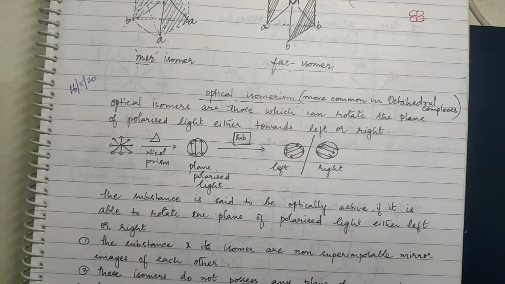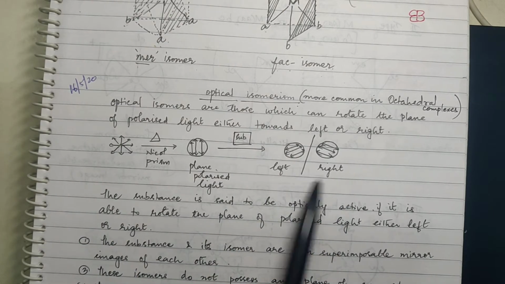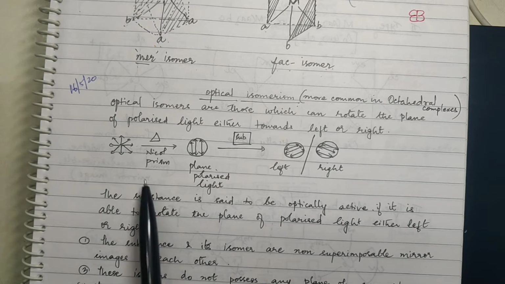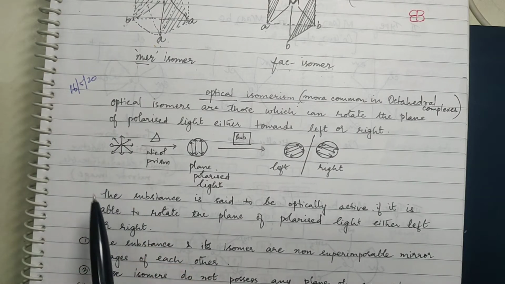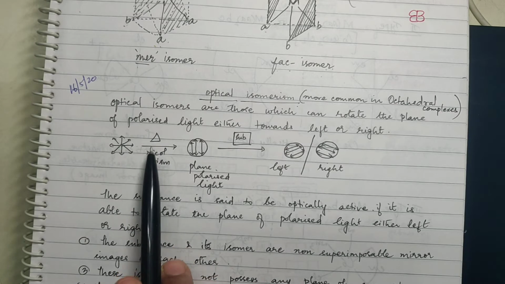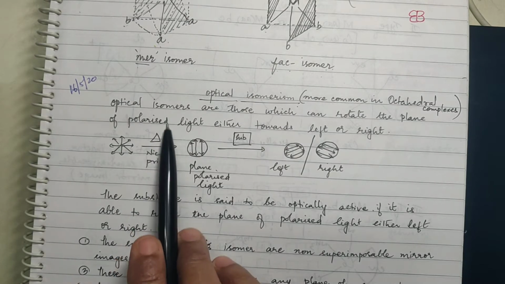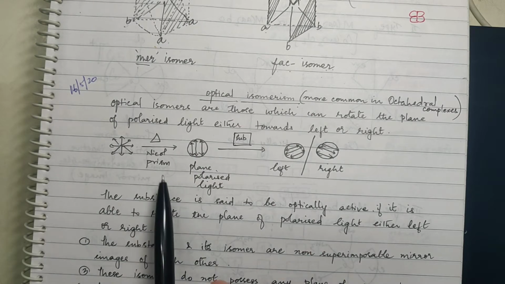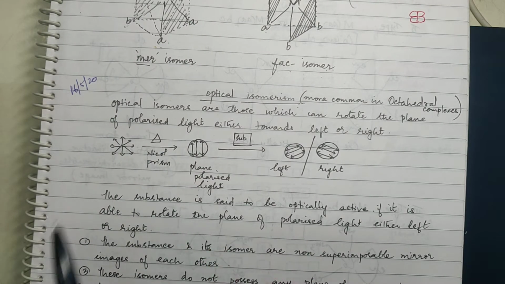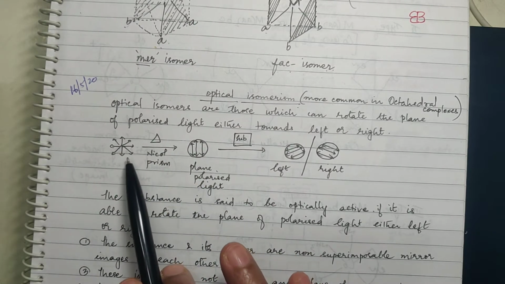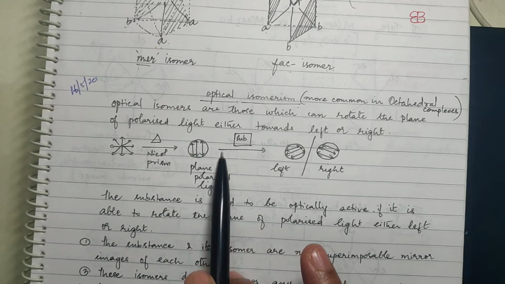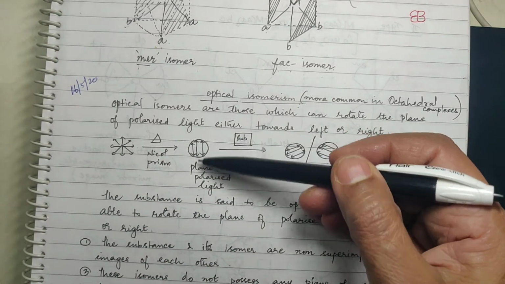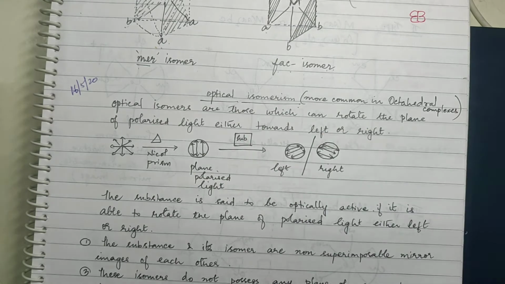Now this I have given you by a simple concept. Say this is ordinary light. This is passed through a Nicol prism. Nicol is nothing but calcite, and calcite is nothing but calcium carbonate. When you pass it through this prism, this light will become plane polarized. That means it will show its illumination only in one plane.